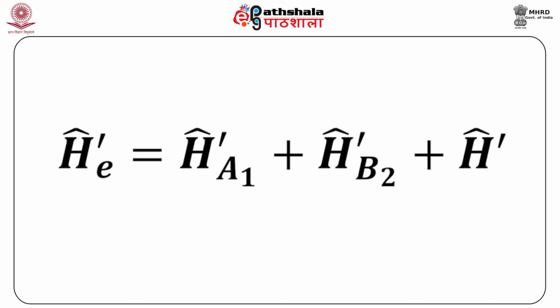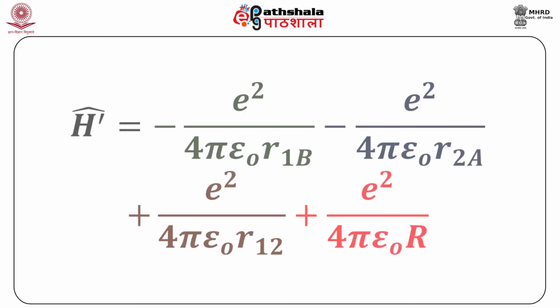And here, if you remember, we discussed that HA1 and HB2 are the Hamiltonians of electron 1 in atom HA and electron 2 in atom HB respectively. And H prime was the corresponding Hamiltonian part, which consists of these four terms.